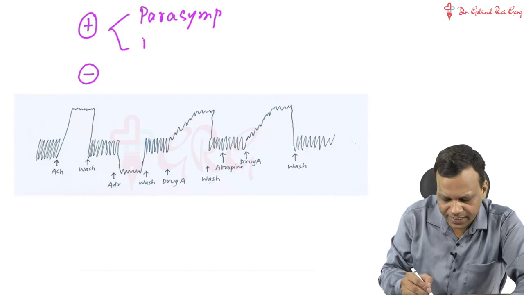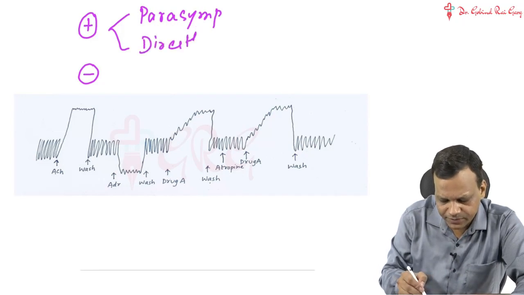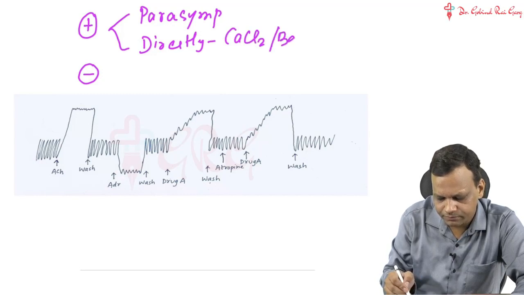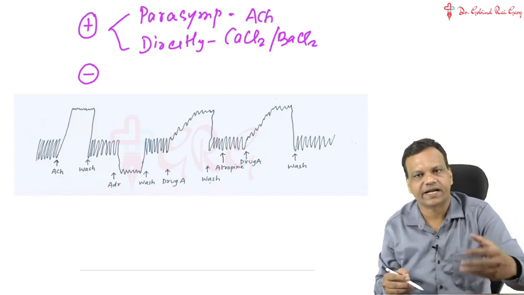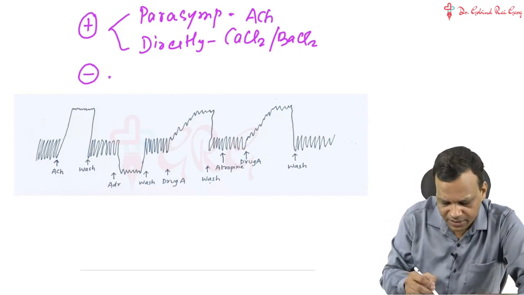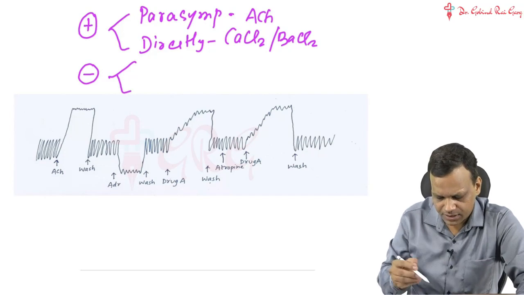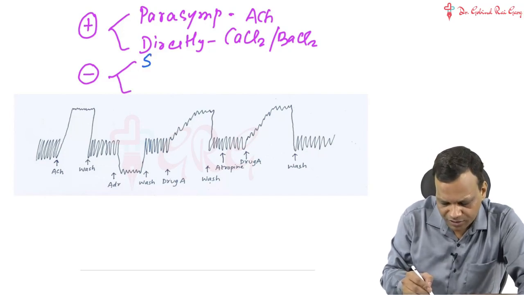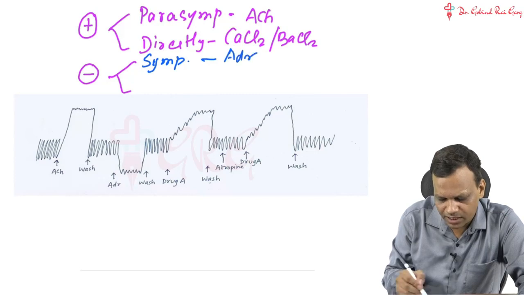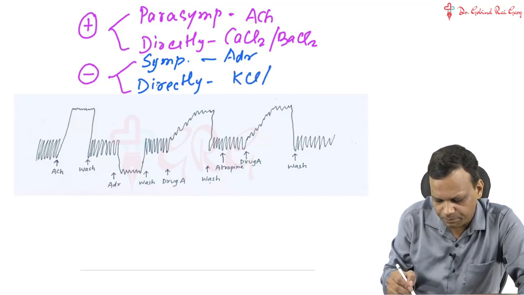Or the drug may be a directly acting stimulant like calcium chloride or barium chloride. Similarly, the inhibitory drug may also be of two types. The drug may be a sympathomimetic drug like adrenaline, or the drug may act directly without the sympathetic receptors, like potassium chloride or even papaverine.